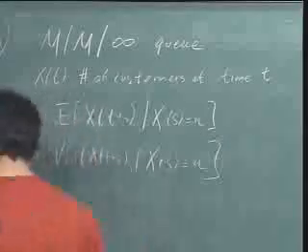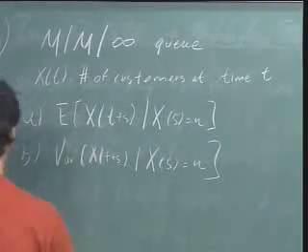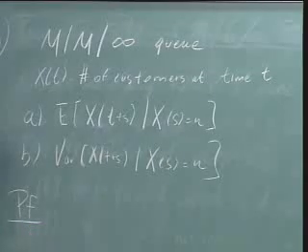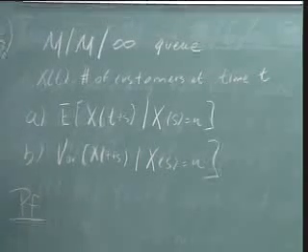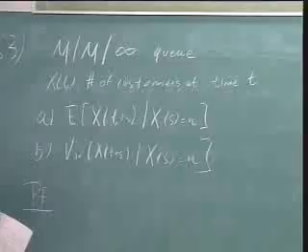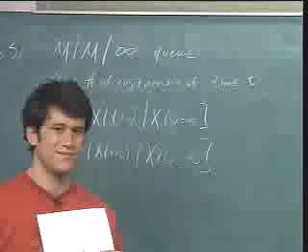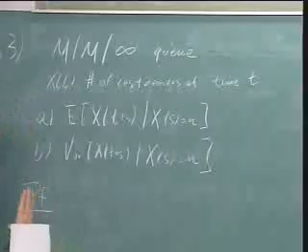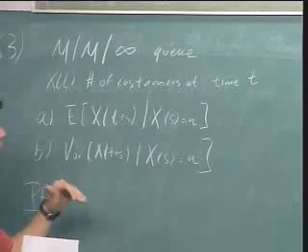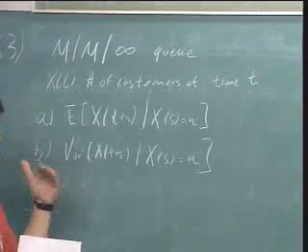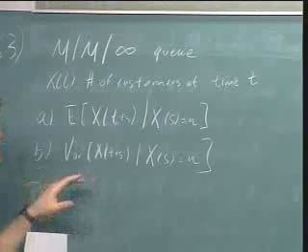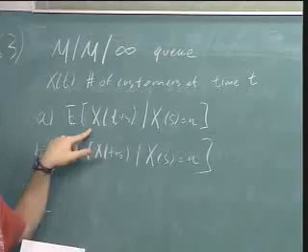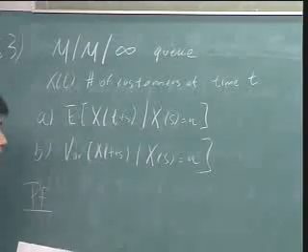So one thing to note is that we need to differentiate between two different types of customers, right? Because right now we have customers that are already being served, and then we have customers that are going to arrive between time s and t plus s. So we sort of have to distinguish between them.